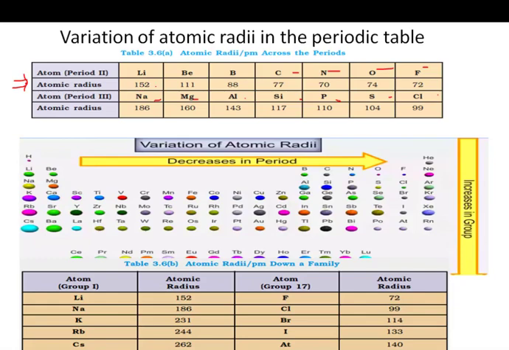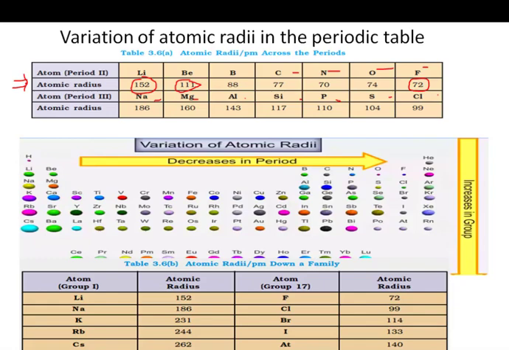For lithium, it is 152 picometer. For beryllium, 111. Now if we carefully analyze this trend along the period, you will observe that the size or radius goes on decreasing. Fluorine has the smallest atomic radii.